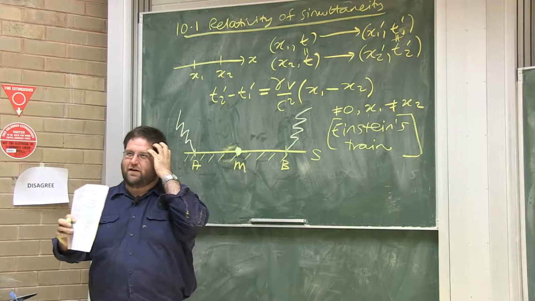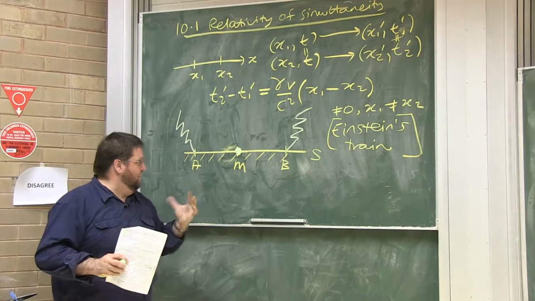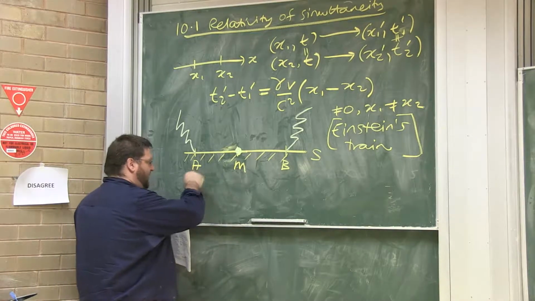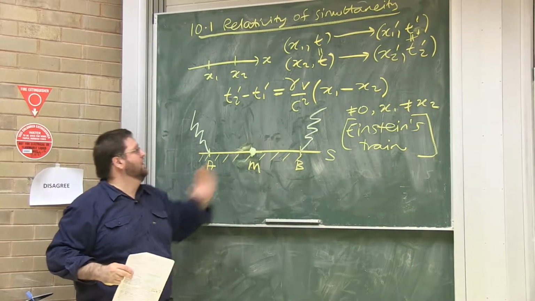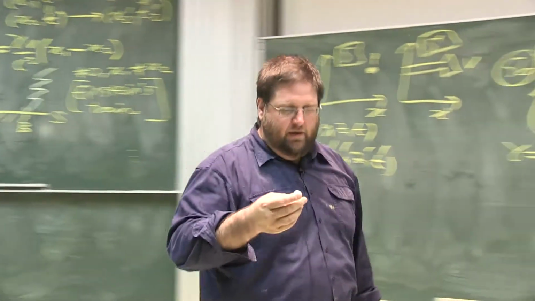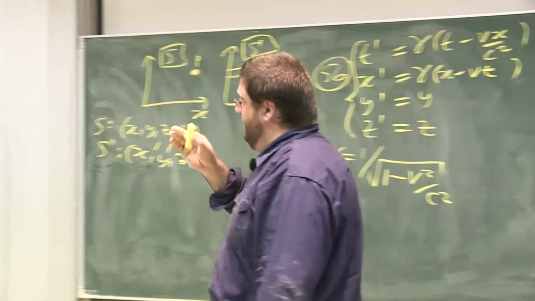Everything that you see is about measurements that you detect locally with your senses. Similarly here, the way that M knows that lightning struck A is because the light travels and bangs into their eye. Similarly from B, M knows that the event lightning struck A and the event lightning struck B are simultaneous because the light reaches them from A and B at the same time.